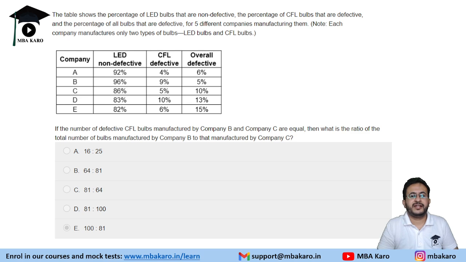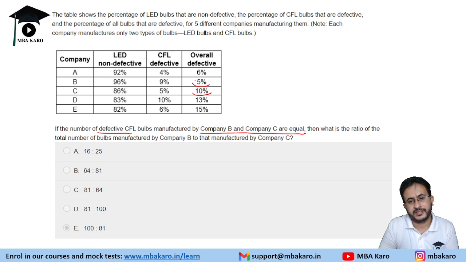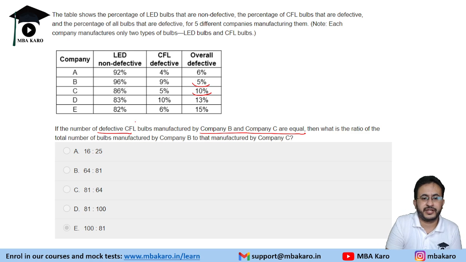Now, let us understand how to do this in a proper manner. So, defective by B and C are equal. Okay. Now, defective by B and C are 5% and 10% respectively. Sorry, defective CFL are equal. Defective CFL are 9% in C and 5% in B respectively.